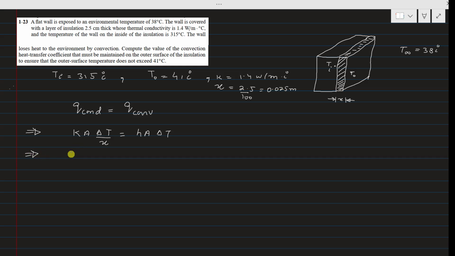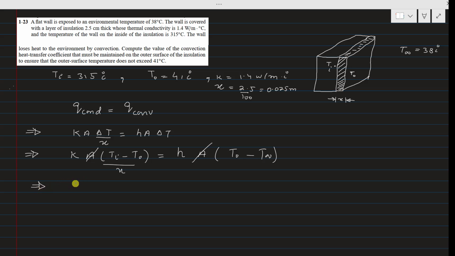So this k A, what is the temperature difference in the conduction, that is Ti minus T naught, divided by X, equals h that we need to find, times the area, times T naught minus T infinity. So this area is the same as this area, so it will cancel out.